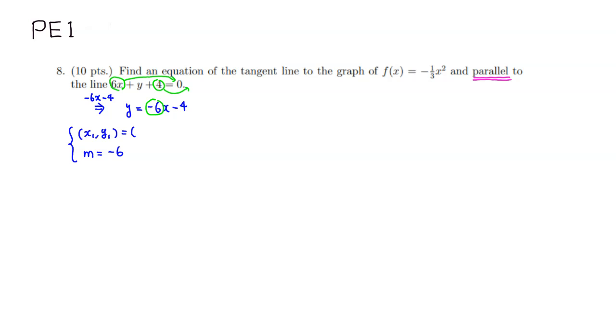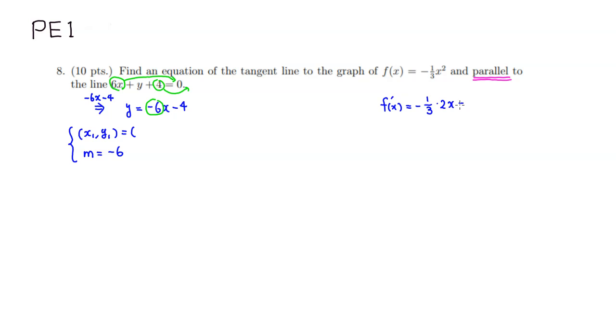Since the equation is given here, I'm going to take the derivative. So f prime of x is equal to, this is just the power rule, negative 1/3 multiplied by the derivative of x squared, which is 2x.